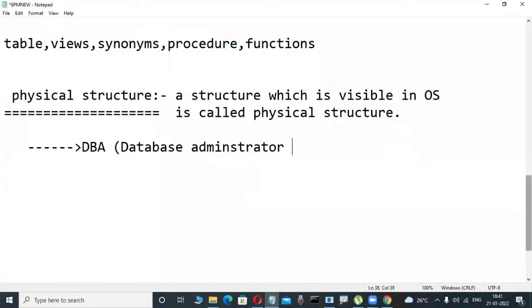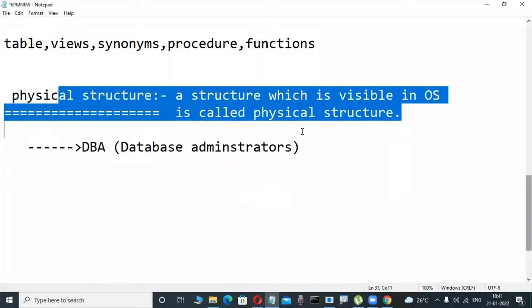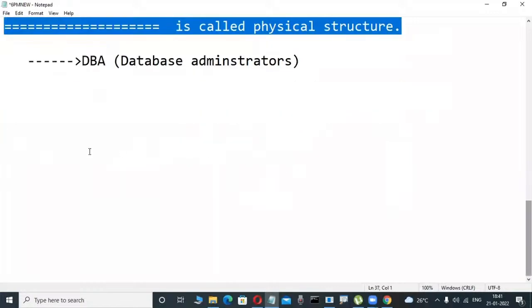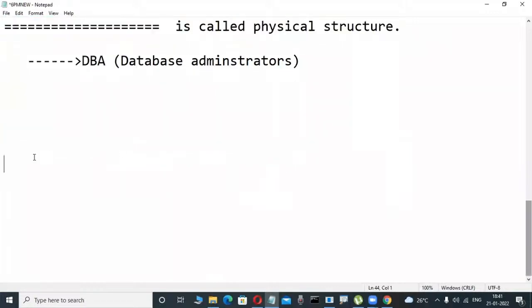Those database administrators only work in the physical structure. Suppose I am an Oracle DBA, for example. I am learning Oracle DBA. The DBA course has backup, recovery, and many things like tablespaces, segments. Don't worry.